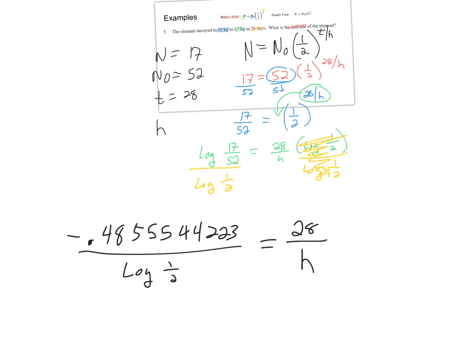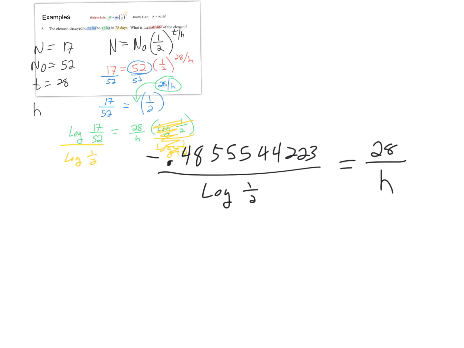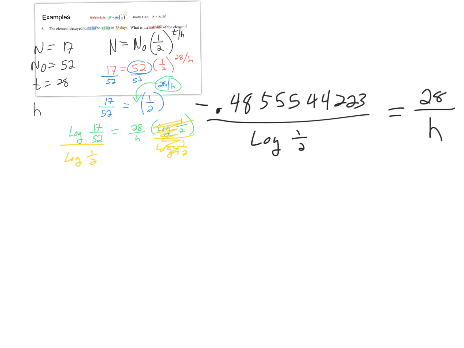Okay, let's scooch this down. Now, someone once asked me, again, this was a long time ago, they said, gee, this is a proportion. So can't I multiply this with this? And can't I multiply this with this? Technically, you could.